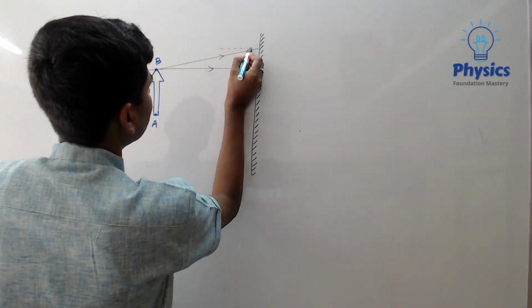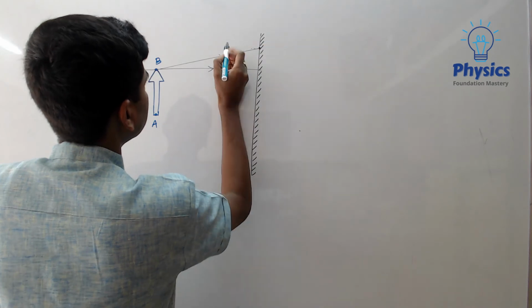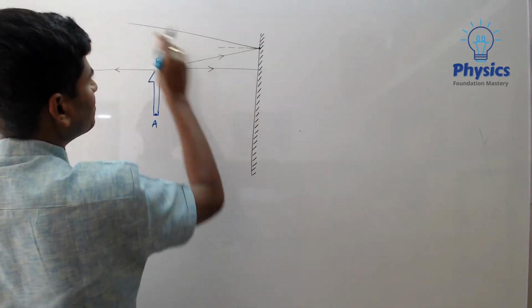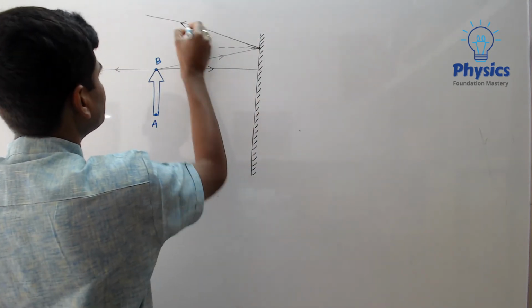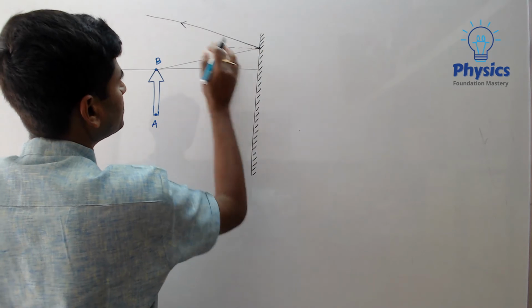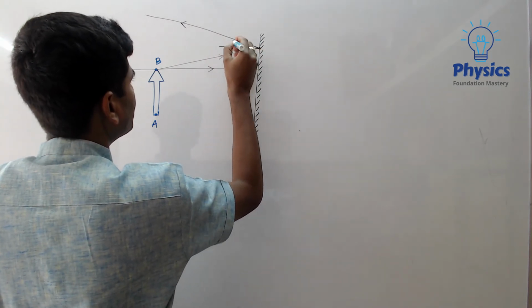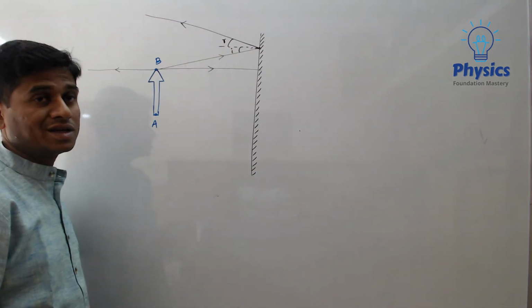And how is it going to get reflected? This is the normal. This is the point of incidence. This is the normal, and it is going to get reflected like this, such that, what has to happen? This is the incident angle. Angle of incidence must be equal to angle of reflection.